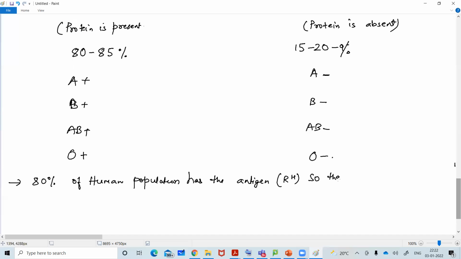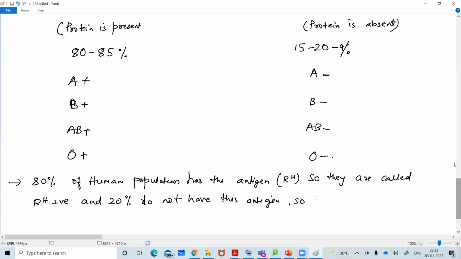So they are called Rh positive, and 20% do not have this antigen, so they are called Rh negative.